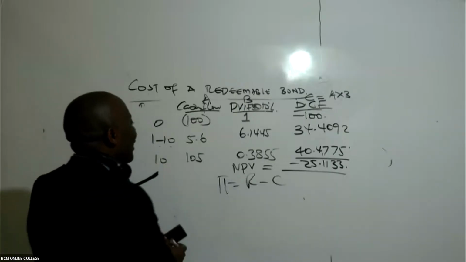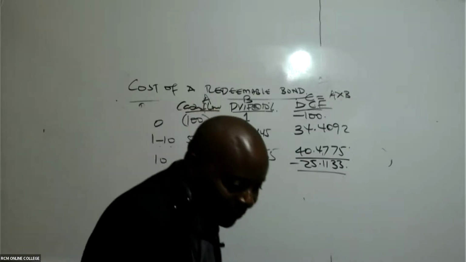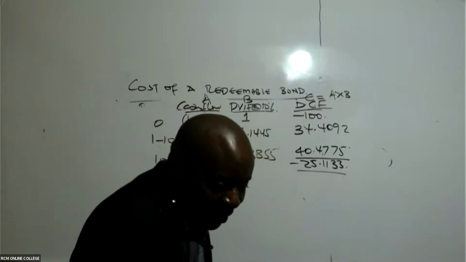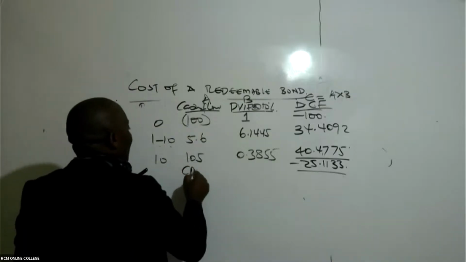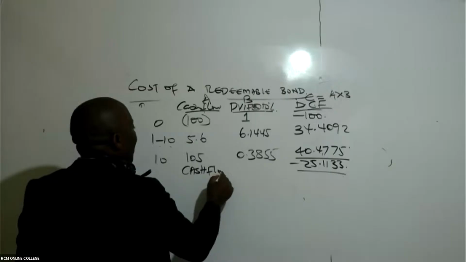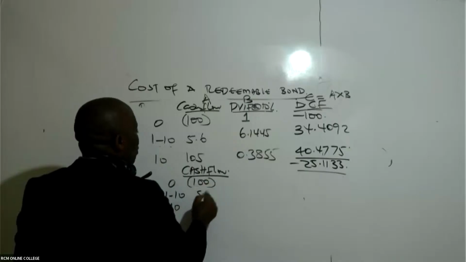So abracadabra. Let's see whether this lady called Caroline, is it Caroline or who has told me 5%? Let me see whether luck is on our side. So cash flow, we have 0, 1 to 10. Cash flows are not going to change. Cash flows will remain.